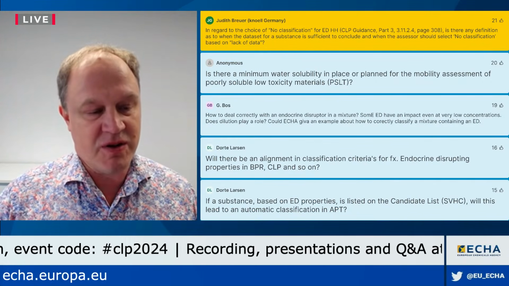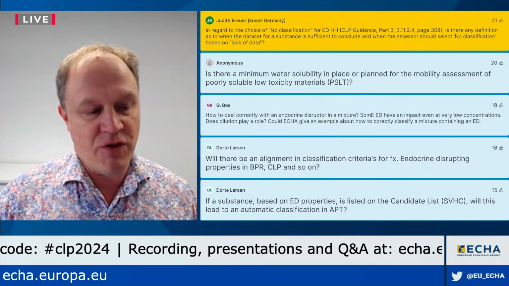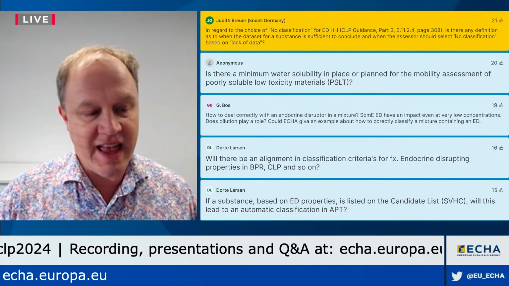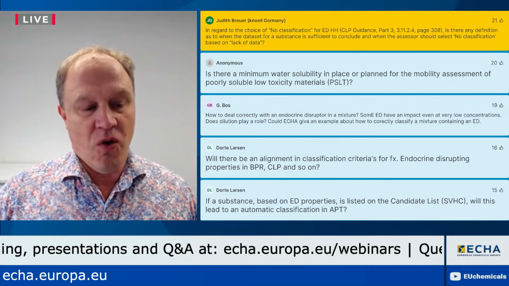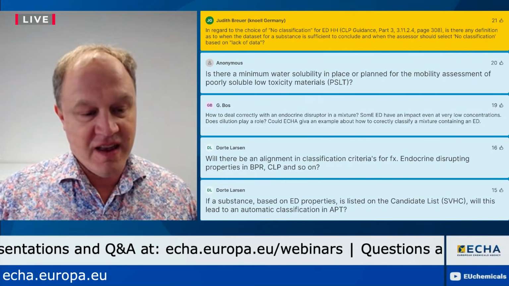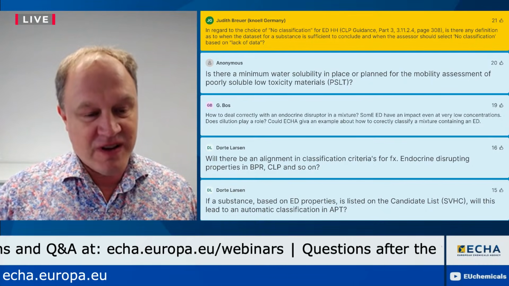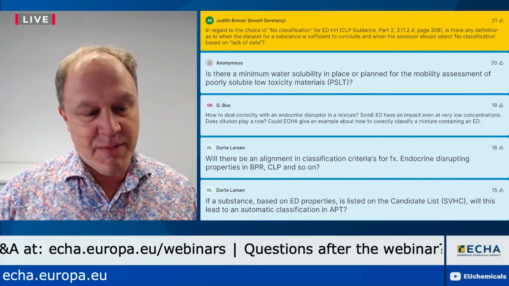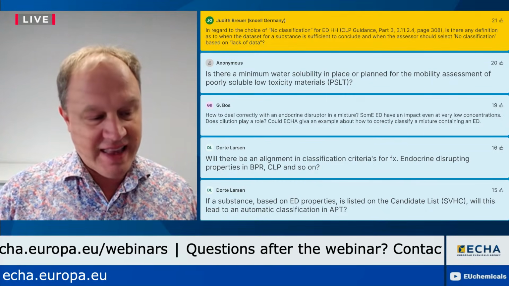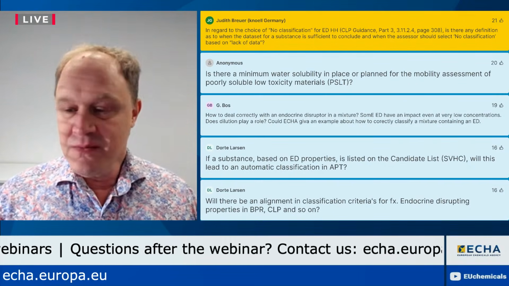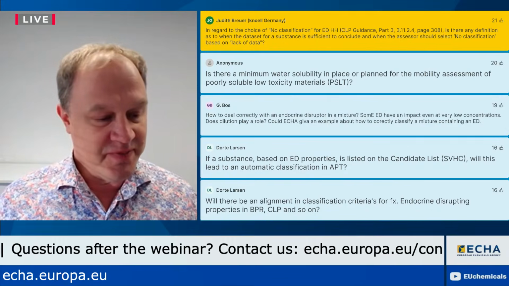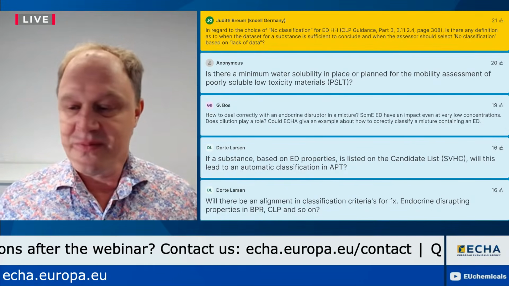But CLP would look at all information available and based on that conclude either that classification is warranted or that it's not warranted. So no classification can be due to no data, and it could also be due to inconclusive data. Thank you. Thank you very much.